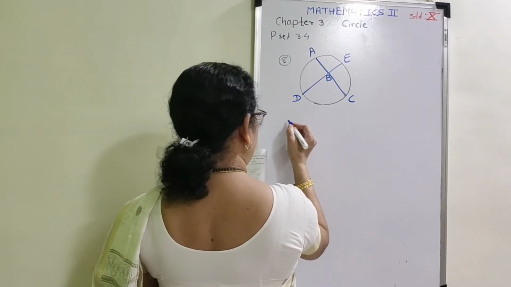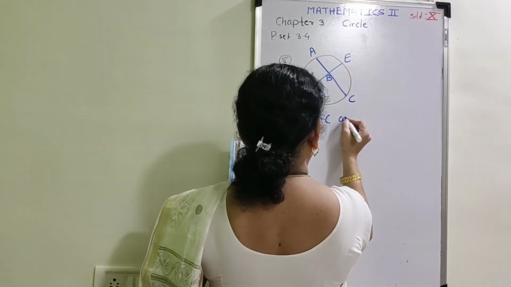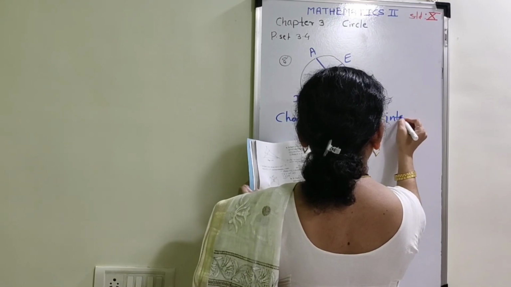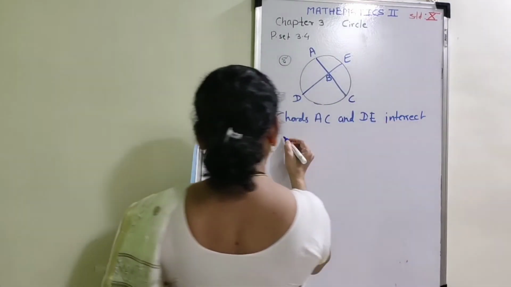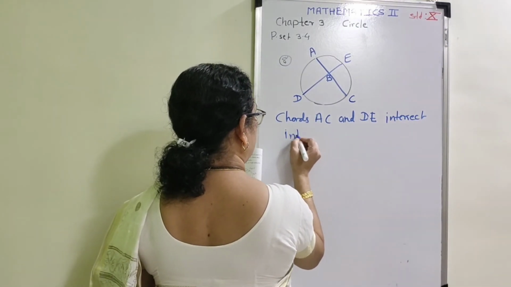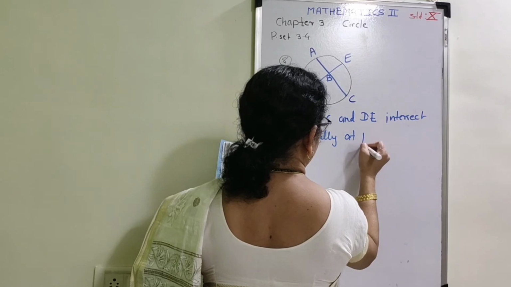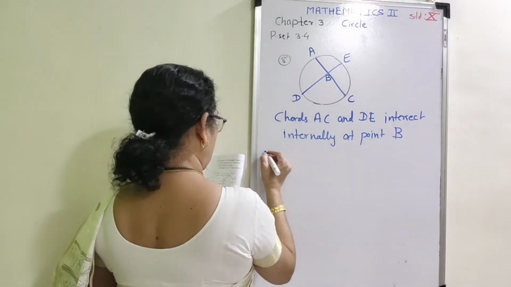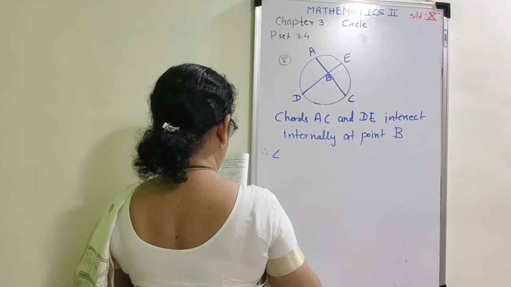Write the first statement. Chords AC and DE intersect internally at point B. Therefore, which angle is asked?